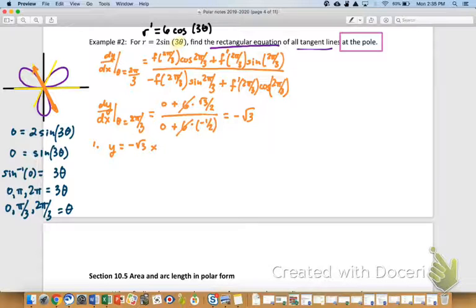Let me start off by saying this is one of the most misused strategies because it feels so easy, and it really, honest to God, is, but it only applies when the line that you're trying to find the equation for is also directly mimicking the angle that you're using.